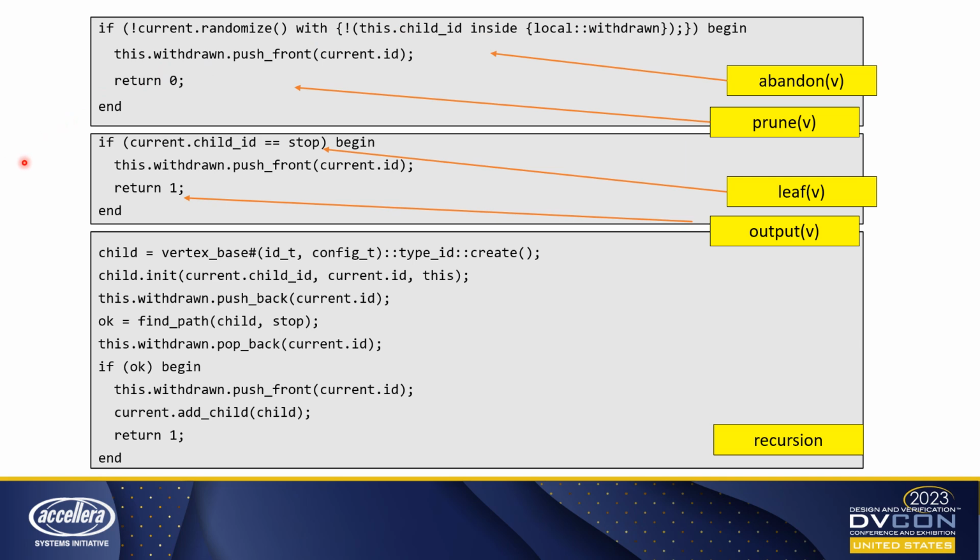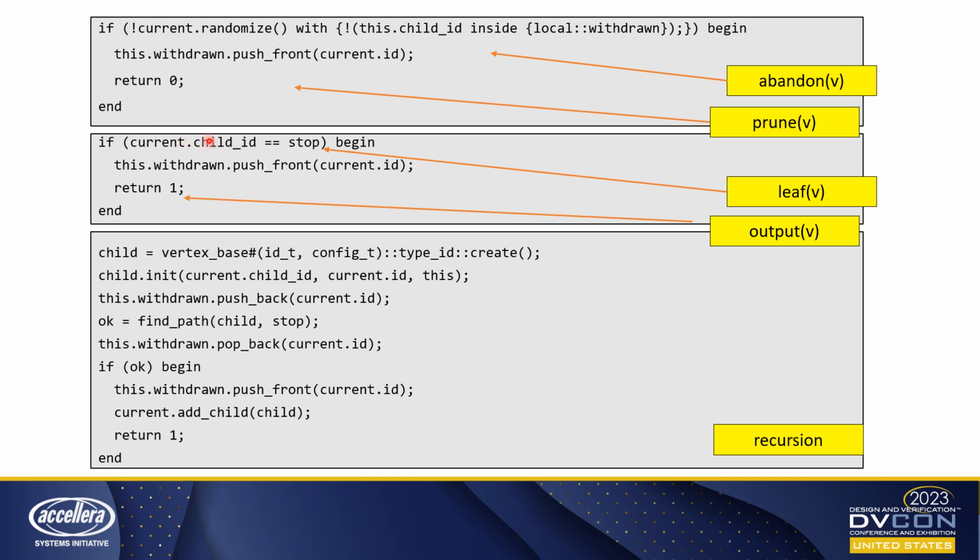If we pass the abandon condition, then we should check whether the vertex under evaluation is a leaf vertex. To do that, we simply check whether the randomized vertex is a stop vertex. Remember, for the modeling of the connectivity, that any leaf cell can only have the stop vertex as a child vertex.